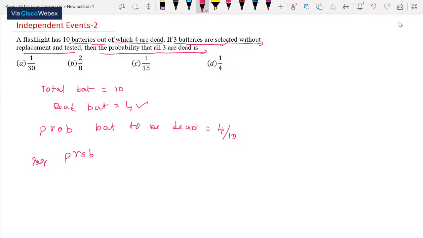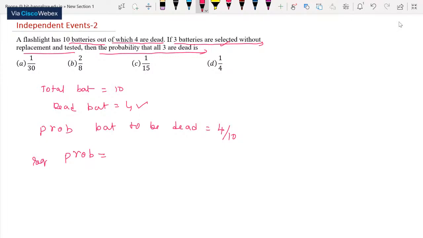Keep in mind, totally 10 batteries are there. We select 1, but we do not replace it before the second selection. Out of 10, how many for the second selection? 9. For the third selection it is 8. We are decreasing one by one because we are not replacing before selecting the next item.